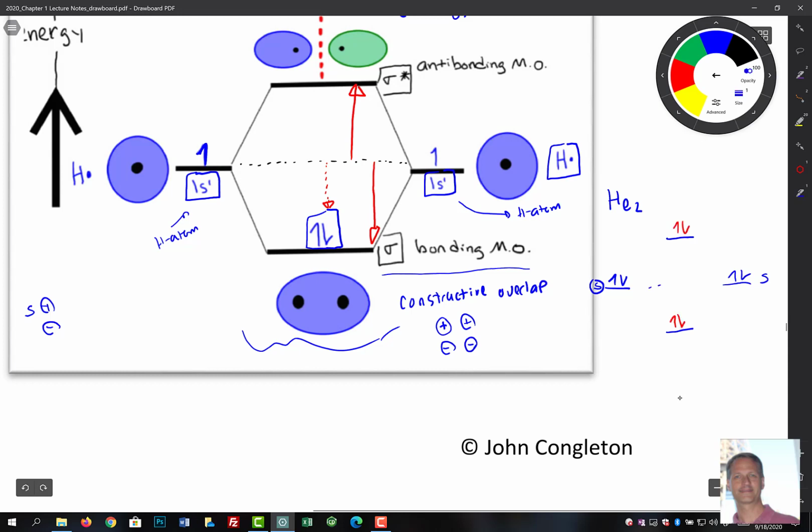So overall, there's no net stabilization because we're stabilized by some value, we'll call it X, and then we're destabilized by some value, minus X, right? So the overall energy of forming a new set of bonds between 2 heliums is not that favorable, so we don't expect diatomic helium to really form, right? Where in H2 over here, we have electrons occupying only this lower molecular orbital.